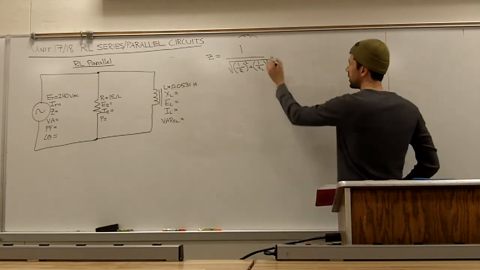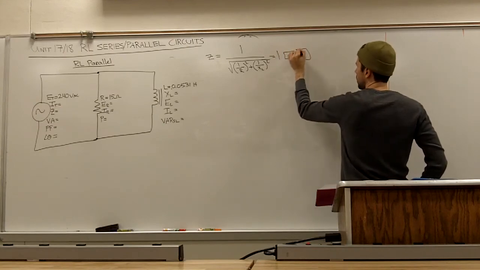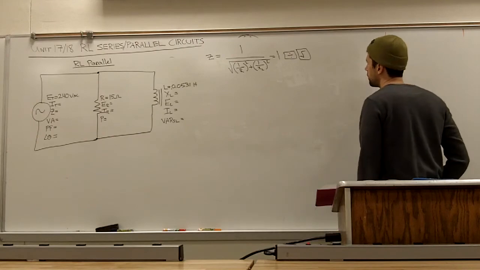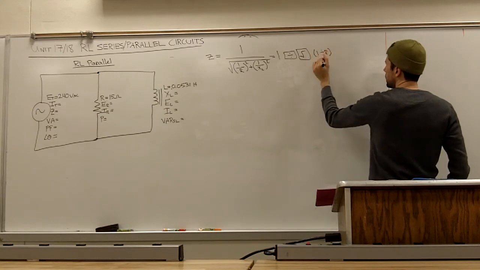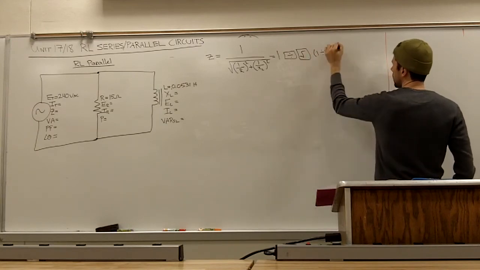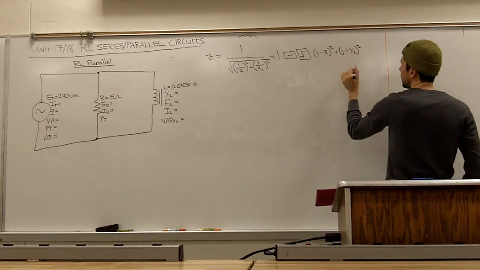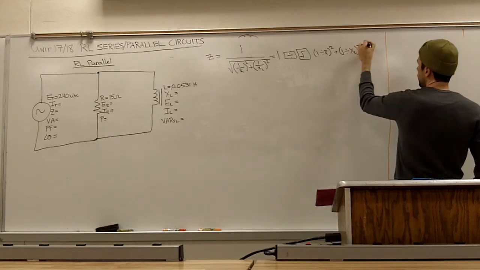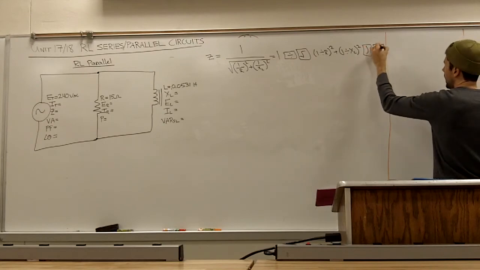If I was to put this into a calculator, it would be 1 divide key, square root key, left parenthesis, 1 divided by R, close the parenthesis, square it, plus left parenthesis, 1 divided by X sub L, close the parenthesis, square it, and then I believe I need to close the parentheses and then hit the equal sign.